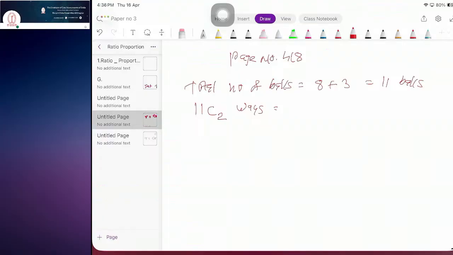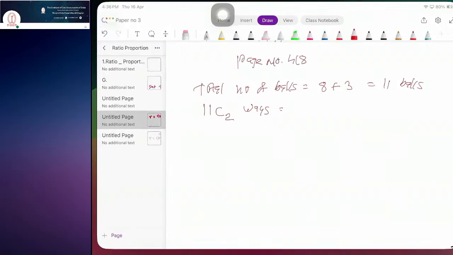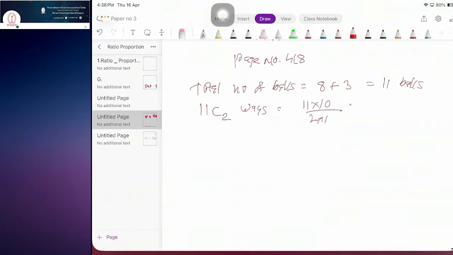So 11C2 is 11 multiplied by 10 upon 2 multiplied by 1. 11 multiplied by 5, that is 55 ways. 55 ways is the answer for selecting any two balls from 11 balls.